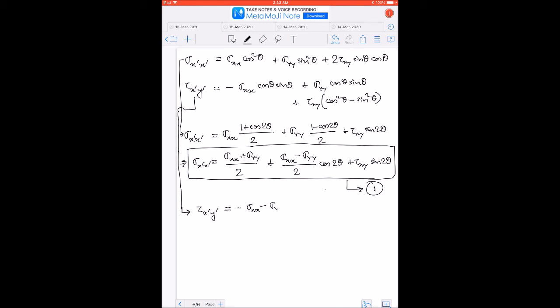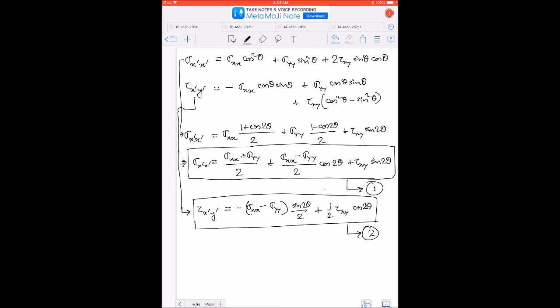The first two terms, and this is simply half of cos 2 theta. So we'll call this equation 2.